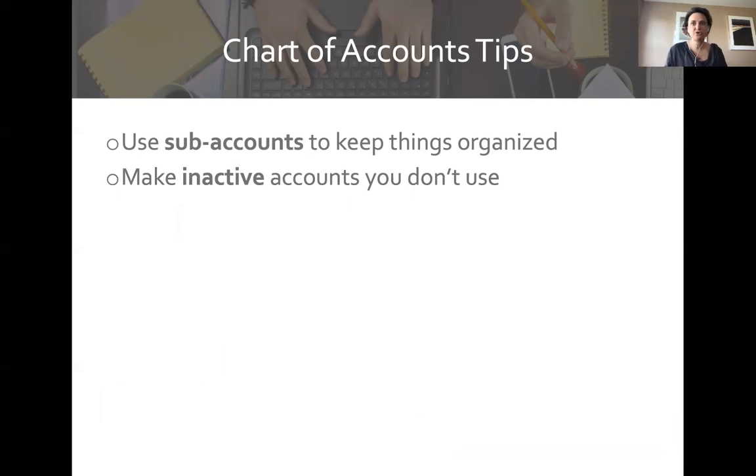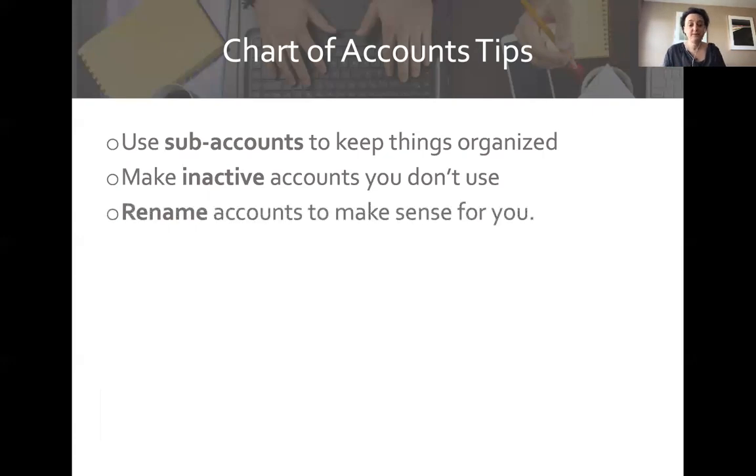And this is especially important in terms of keeping consistent. As an example, maybe you had a honey operation last year, you're not doing honey anymore, so you don't want to see any of the expenses associated with honey production. And making them inactive is going to keep you from accidentally categorizing something that you don't use anymore, and it's just going to be one more tool in helping you stay consistent.